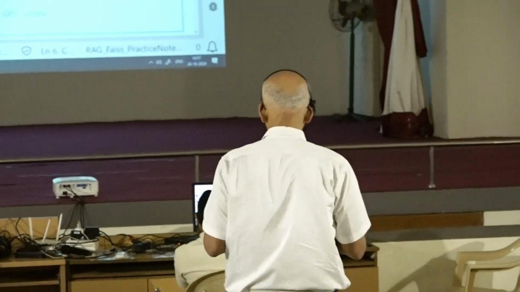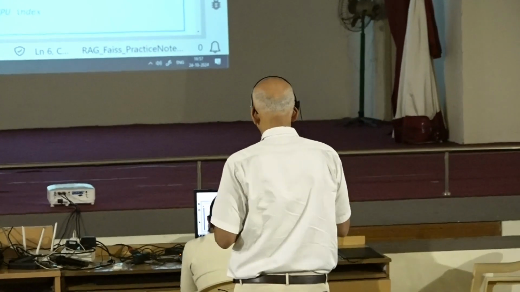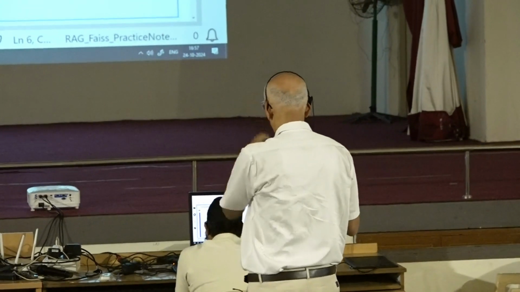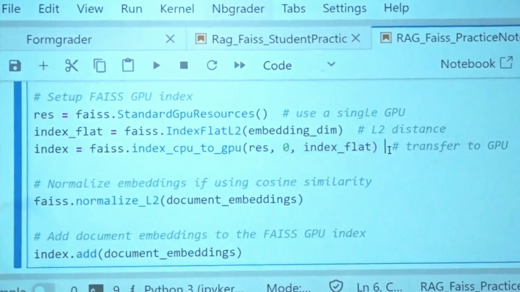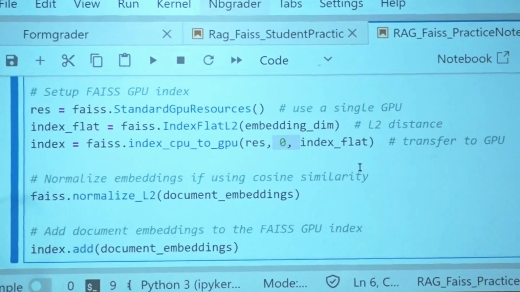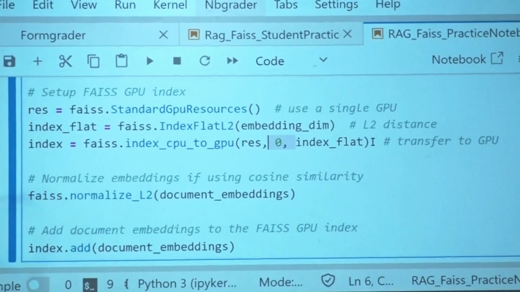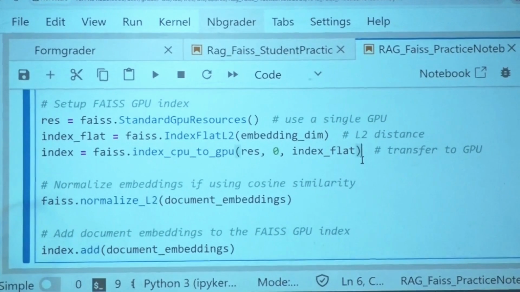So choose the one which is least loaded. You can do it with simple 4-5 lines of Python code. Now if you know the GPU situation, you choose the GPU, so that is 0 or whatever. Of course, here only one GPU, so 0. Index flat is the same index that you have created.